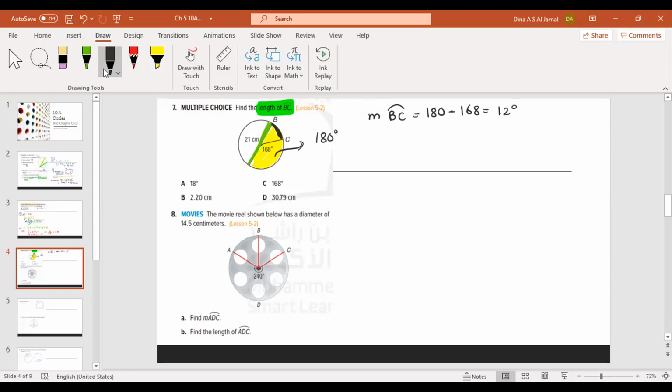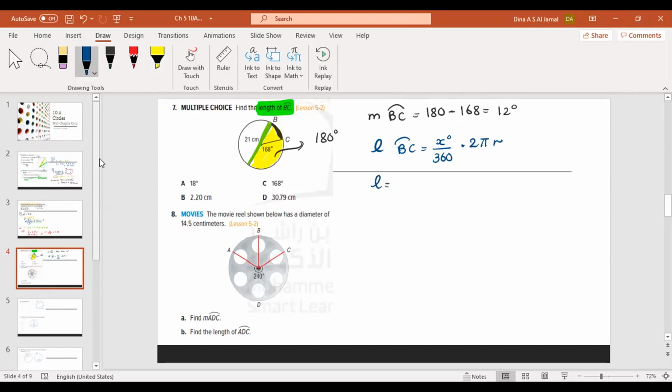Pay attention. Now, if you would like to find the length of the arc of BC, that means you need to follow the following rule. X degree over 360 degree multiplied by 2 pi r.